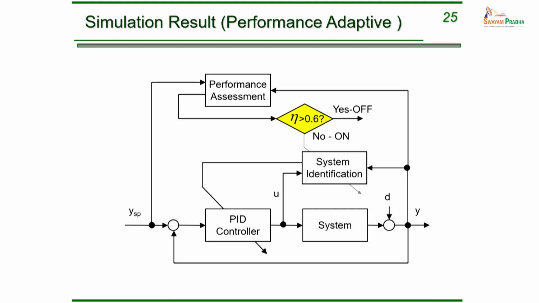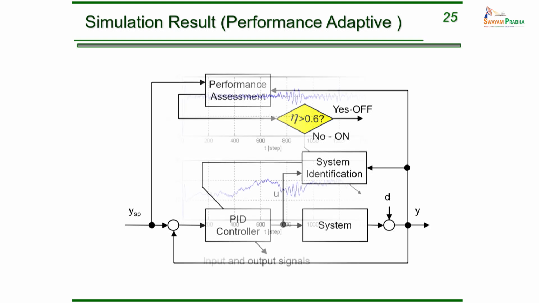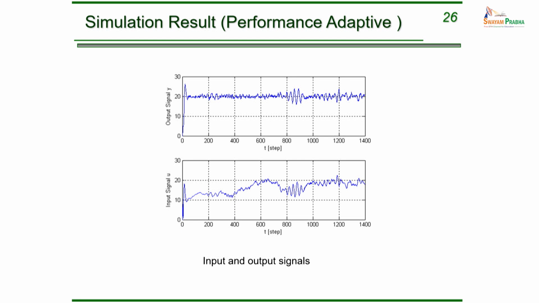You turn system ID off. If it is less than 0.6, meaning performance is indeed less, you have to turn on system identification and compute a new set of PID parameters. So here are the simulation results with that performance-driven adaptive control.